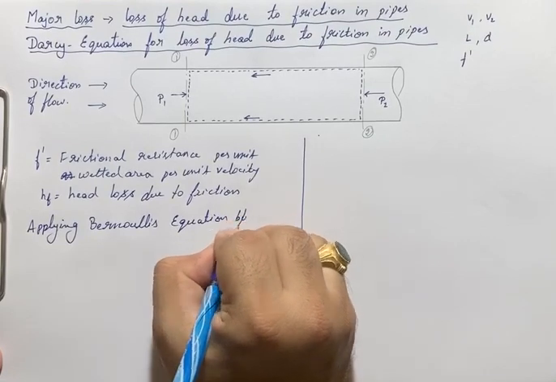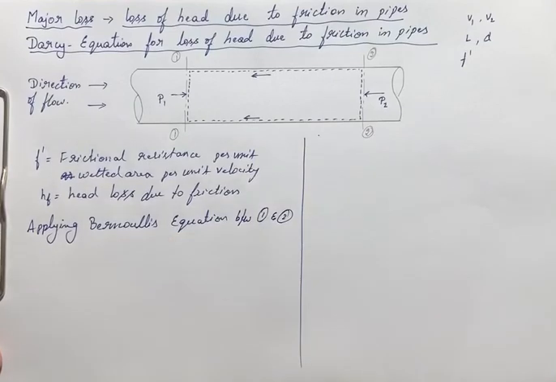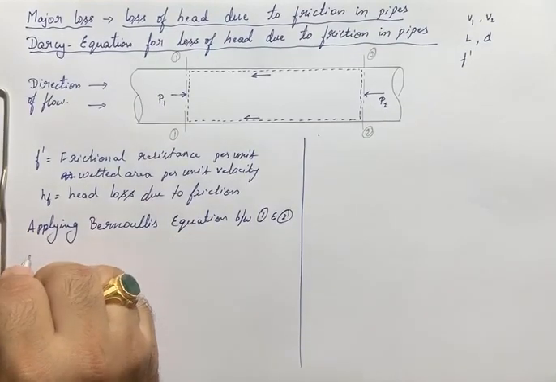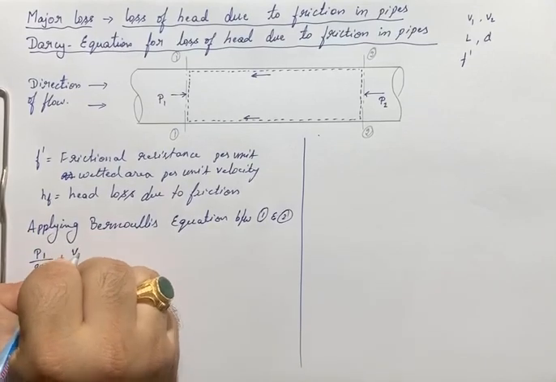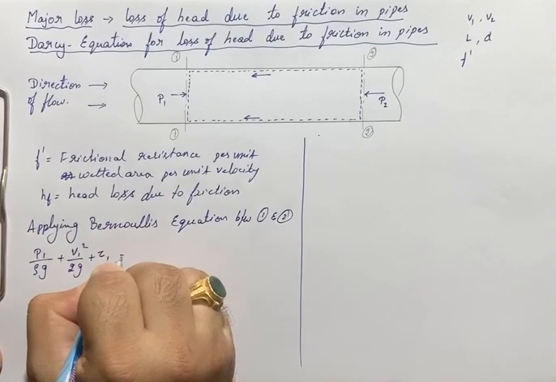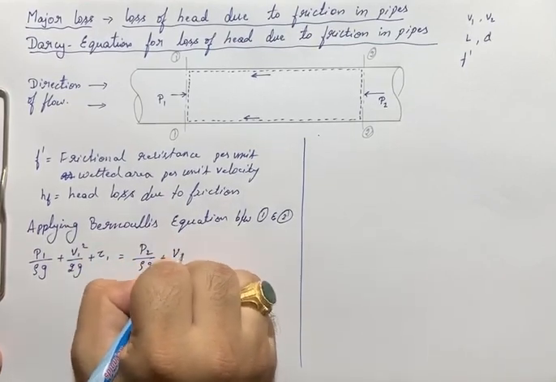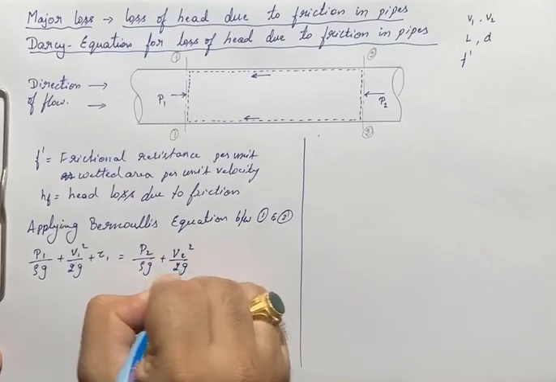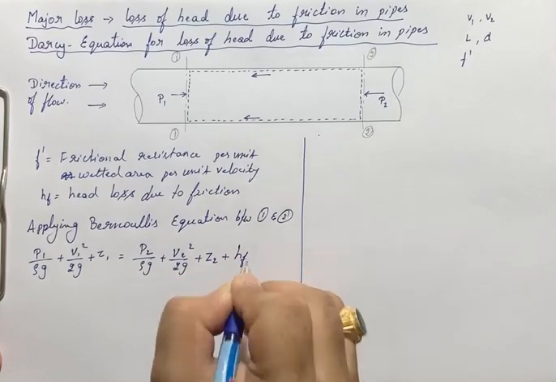Applying Bernoulli's equation goes like this: P1 by rho g plus V1 square by 2g plus Z1 is equal to P2 by rho g plus V2 square by 2g plus Z2 plus, I will write here, HF.